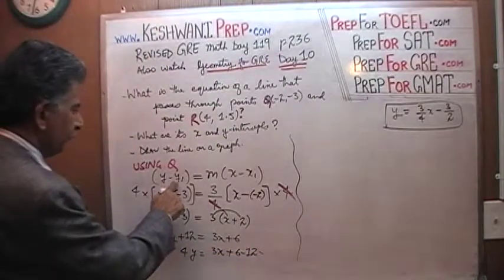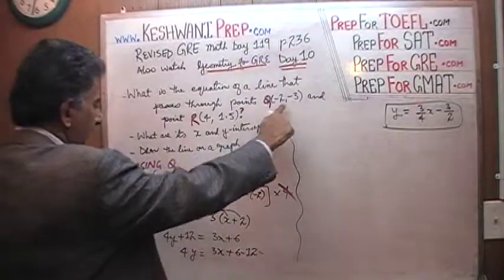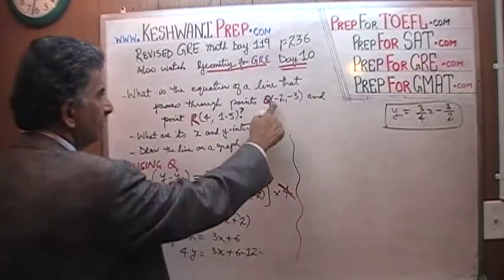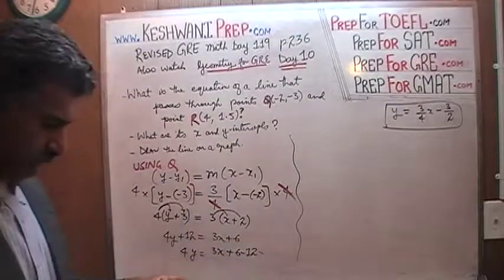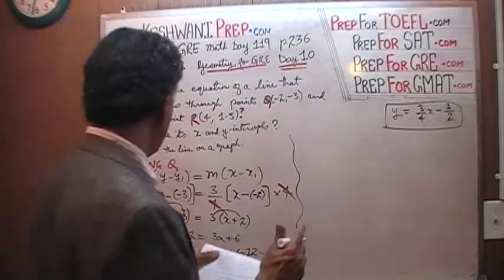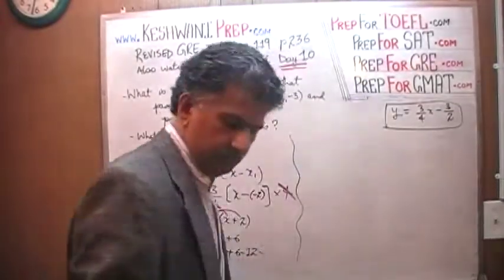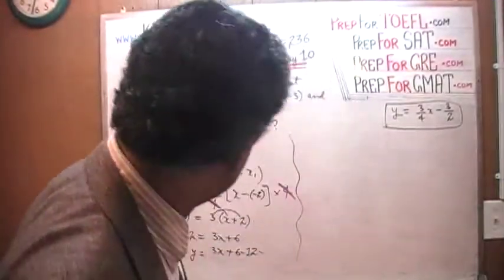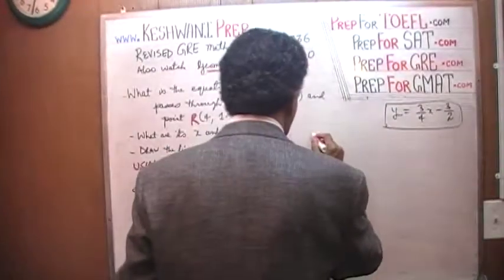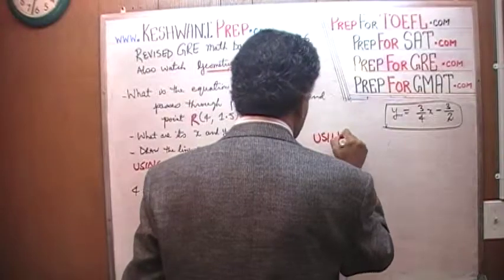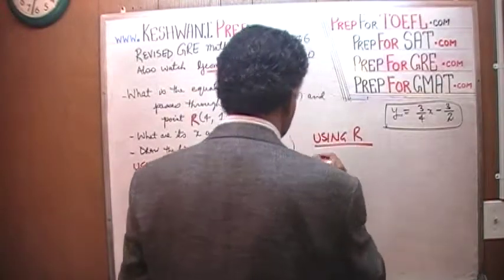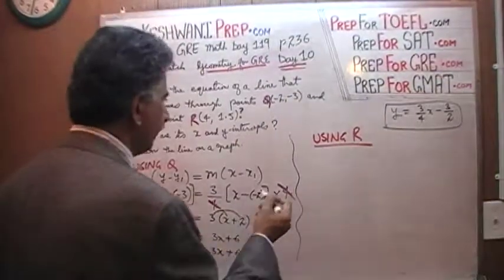For Y1 we use negative 3, and for X1 we have negative 2. That's the Q. I don't know why in my notes I have written the other way around. So now we're going to do the same thing using R. So let's do it.